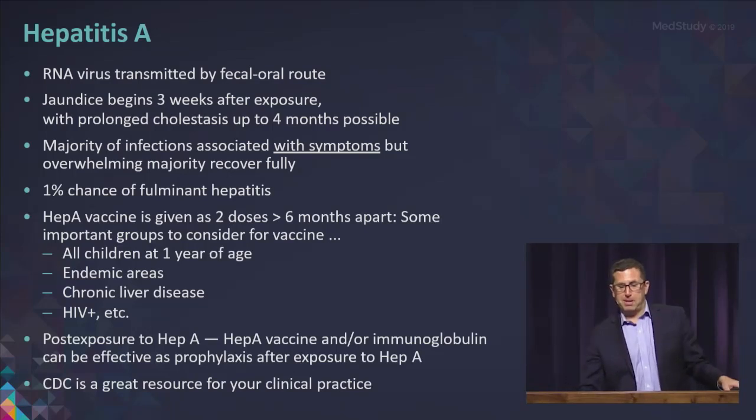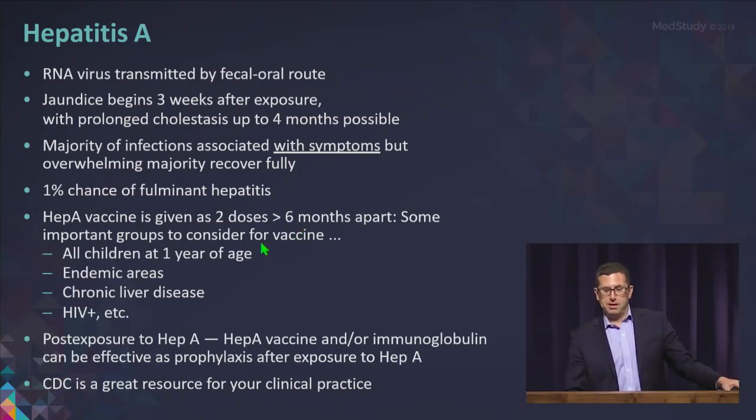There is the Hep A vaccine, which is given as 2 doses greater than 6 months apart, and some important groups that you would want to consider vaccinating, either on a test or in your clinic, would be all children at 1 year of age, endemic areas, and chronic liver disease, like for example, fatty liver or HIV.